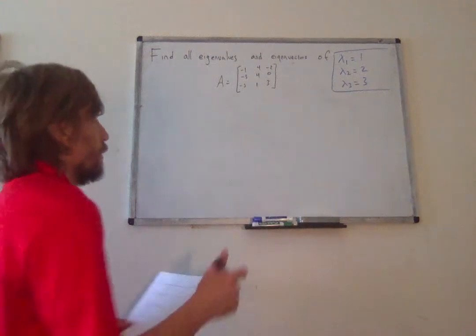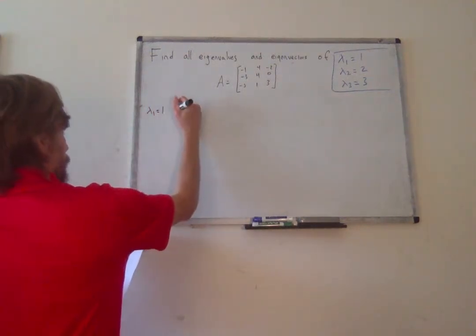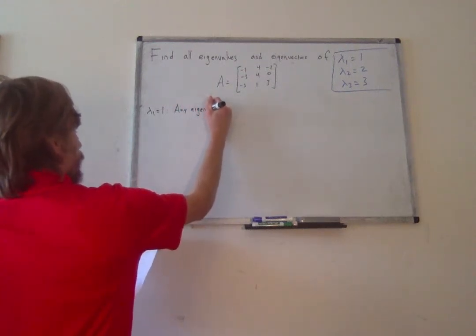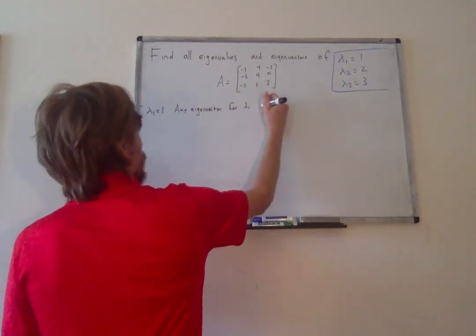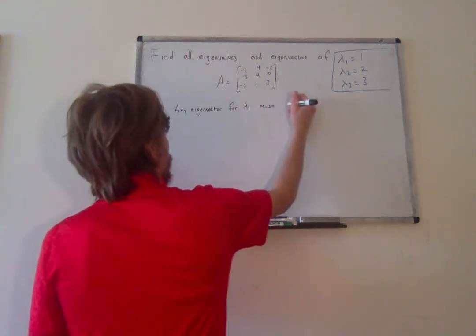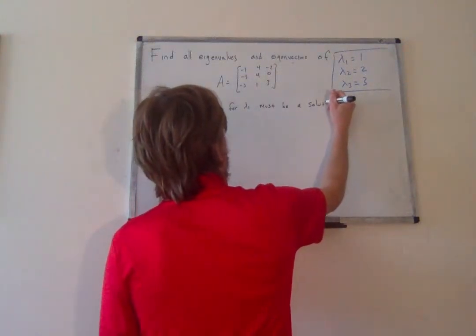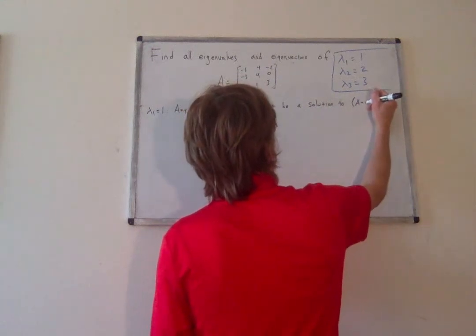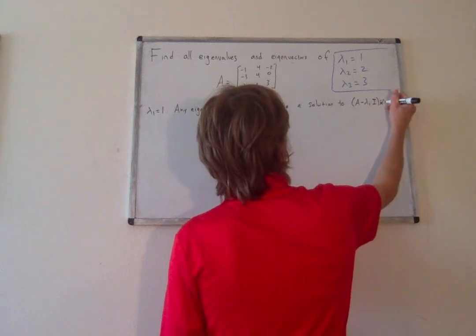But remember, we'll start with lambda 1 equals 1. Any eigenvector for lambda 1 must be a solution to A minus lambda 1 times I times x is equal to 0.